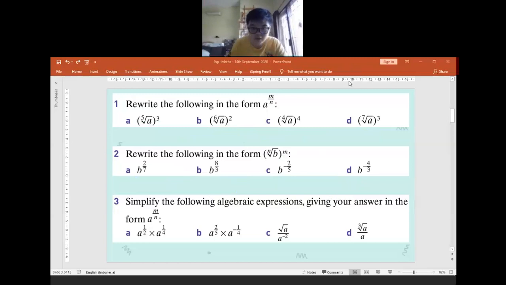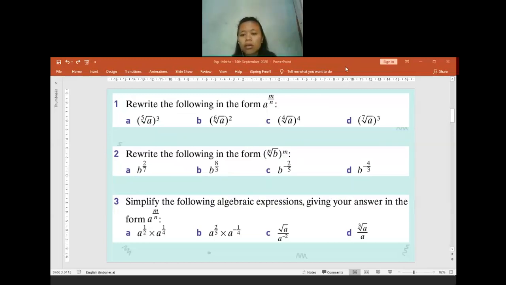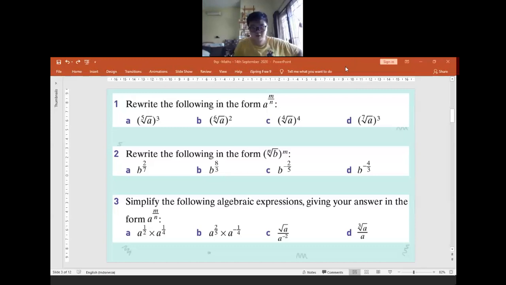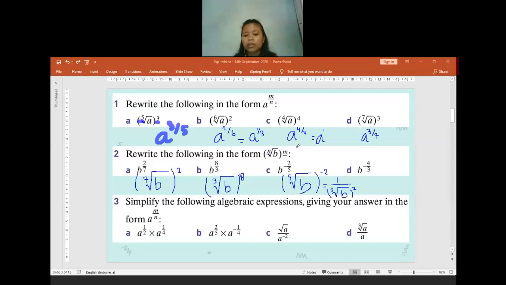Oh no, teacher. I just wanted to ask about how the fraction works. Okay. I thought it was fifth root of b, and then b to the power of negative 2. This is the normal way if we follow the question.